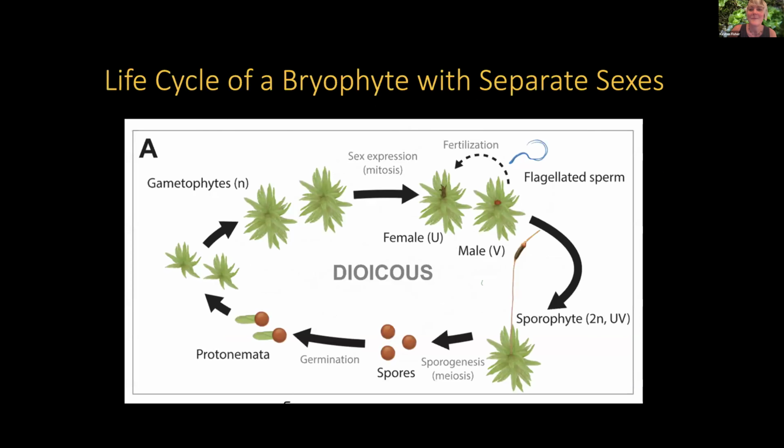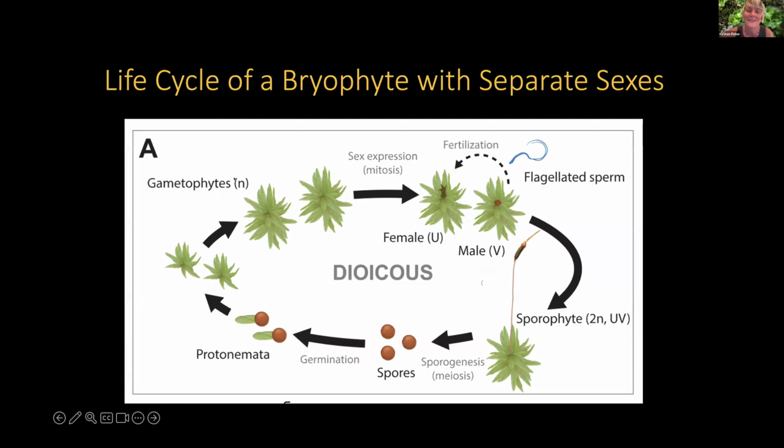This is just a little schematic to show you a generalized bryophyte life cycle within that alternation of generations. I'll try not to throw out too many crazy terms, but just to name a few that I may accidentally use too much. A gametophyte is the green leafy plant that we are familiar with seeing in the bryophytes, and that's the dominant part of the life cycle in bryophytes, and that is the haploid stage.